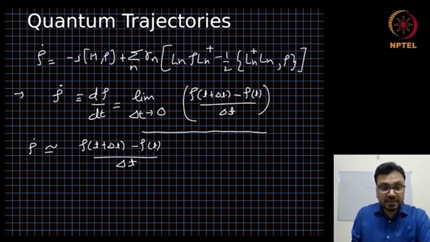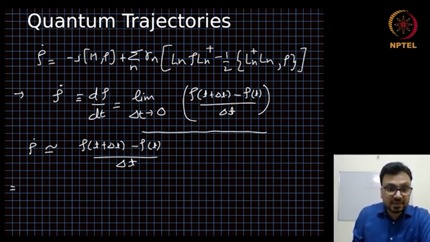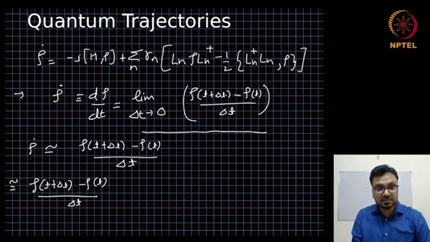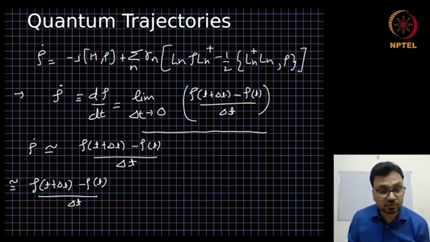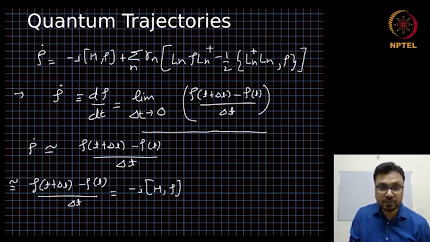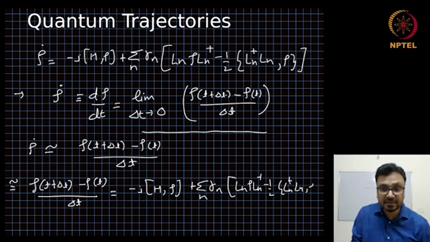Now, using this, we can see that the Lindblad master equation can be written as rho of t plus delta t minus rho of t over delta t. So it's not the same as the Lindblad master equation, but it's close to it. And this we can write as minus i [H, rho] plus sum over n gamma_n (L_n rho L_n dagger minus half the anticommutator of L_n dagger L_n and rho).